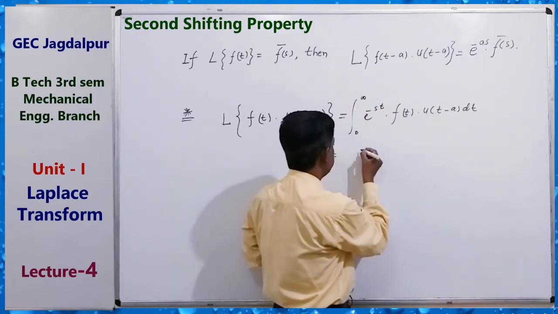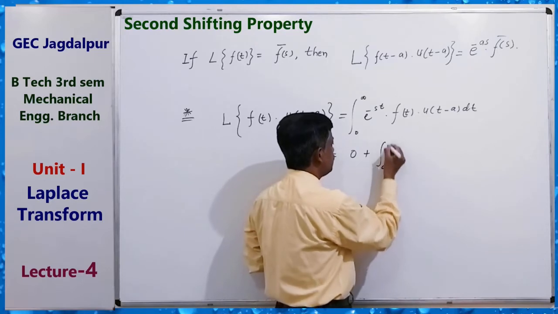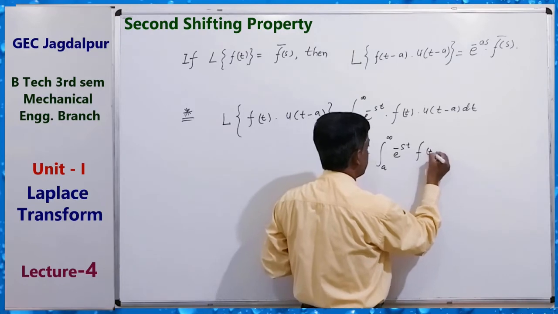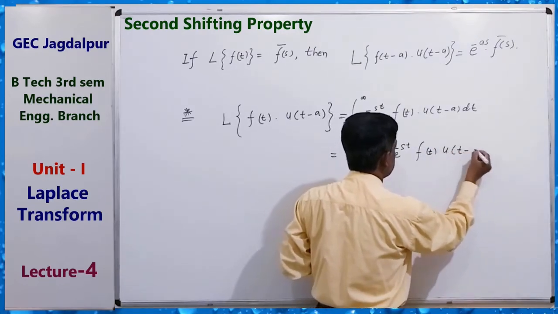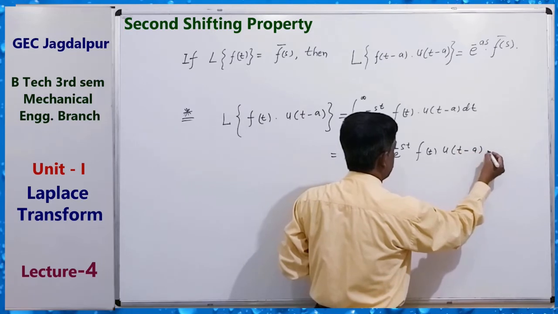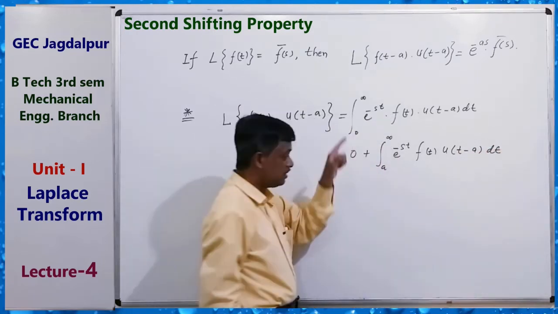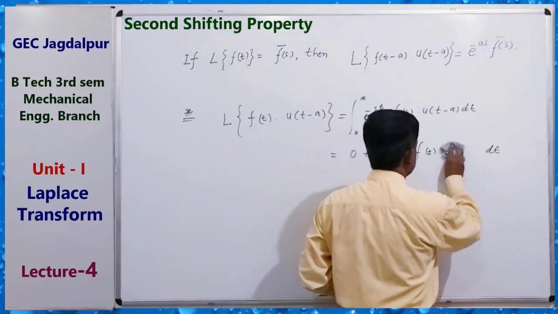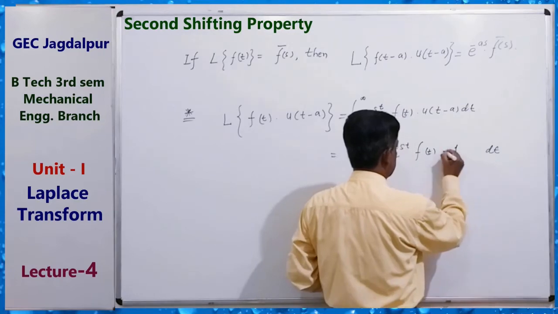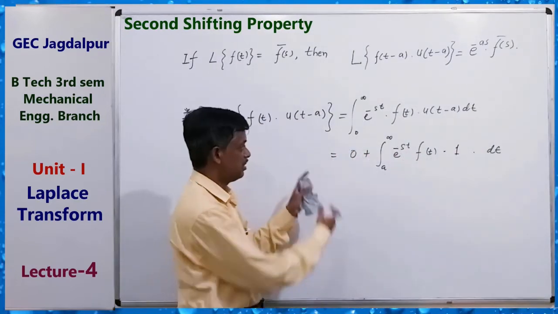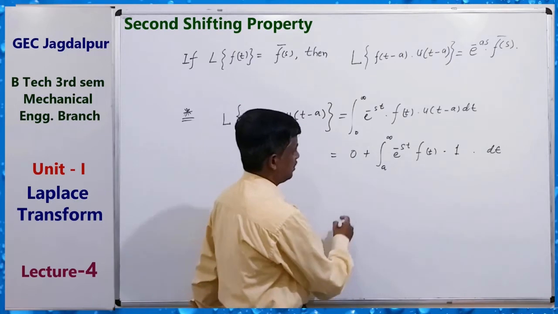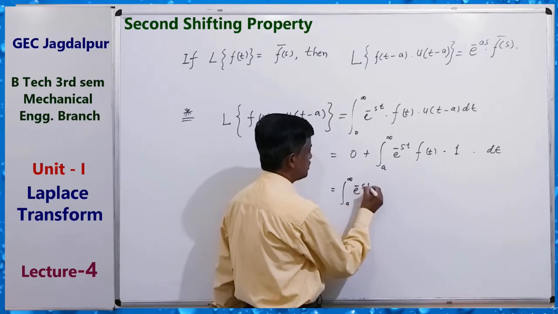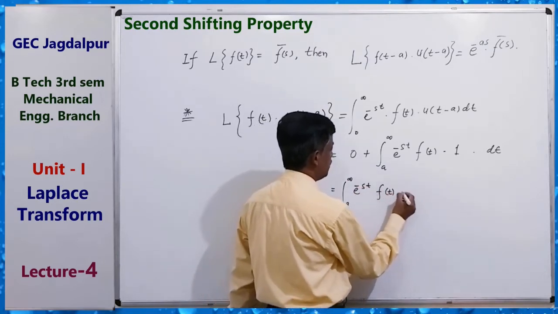The second part is a to infinity e to the power minus st f(t) u(t minus a) dt. In this part, u equals 1 by the unit step function. I solved it directly, that's why I am going short. So this is equal to a to infinity e to the power minus st f(t) dt.